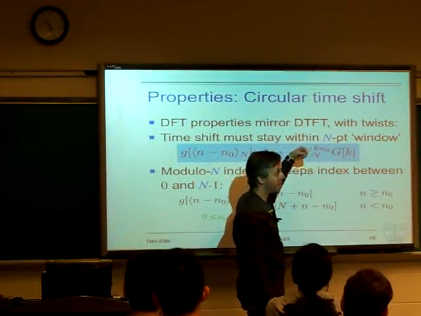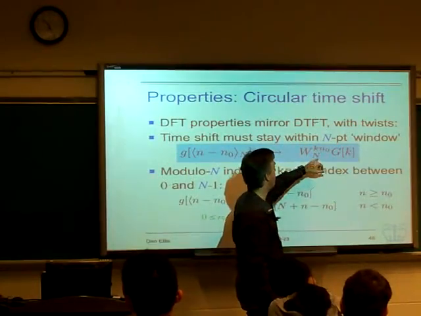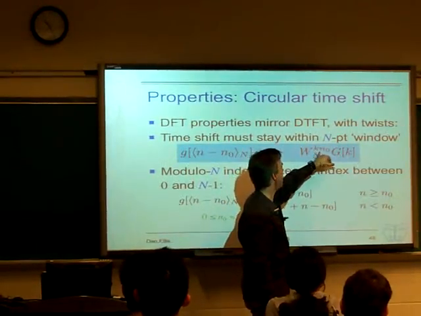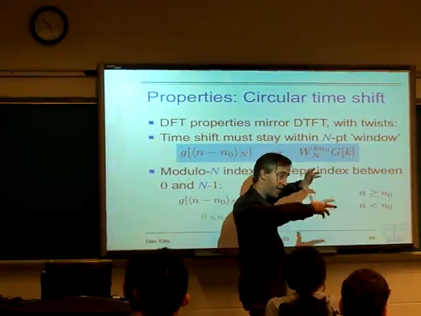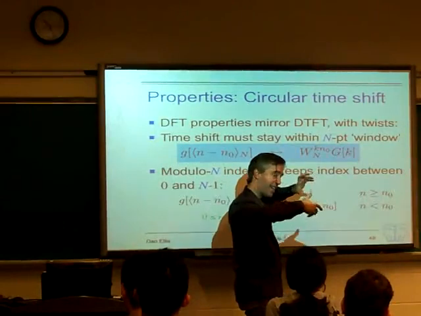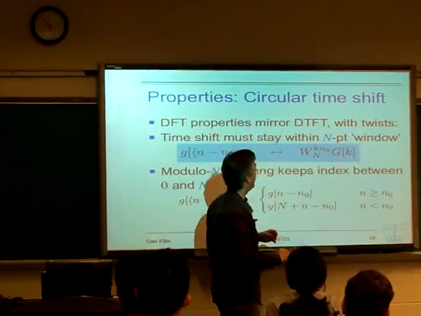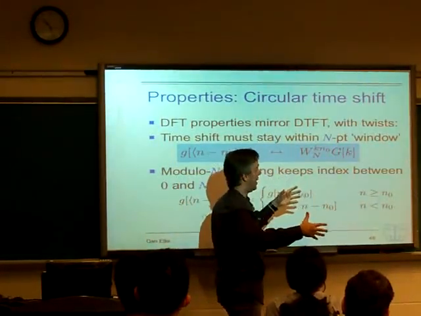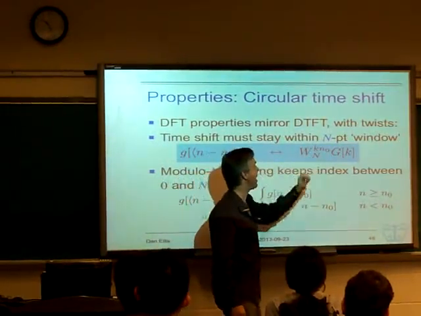W sub N is e to the minus j 2 pi over big N, so that's the same thing: this is taking the place of omega, and this is n0 again. So it's just a linear phase. This helical twist of the spectrum as a result of shifting in time winds up the phase of the spectral values, but leaves the magnitudes unchanged because this thing always has a magnitude of 1.